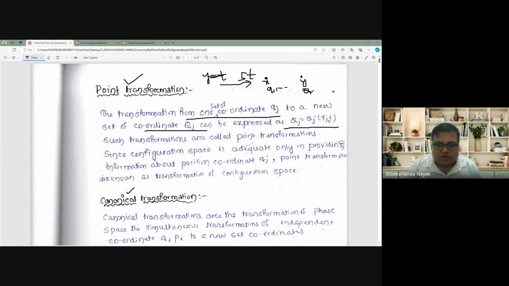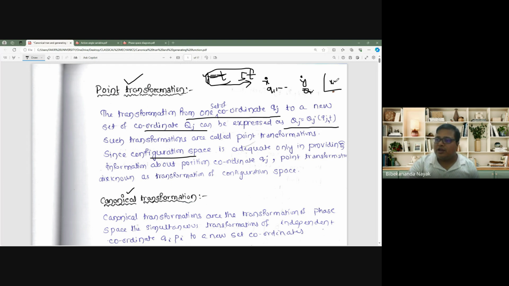Okay. So this is called point transformation. The coordinates change in configuration space when one coordinate q1 goes to capital Q1, q2 to capital Q2, just like your normal substitution. It is a point transformation. In configuration space, if it is a three-dimensional space, it has three coordinates x, y, z.